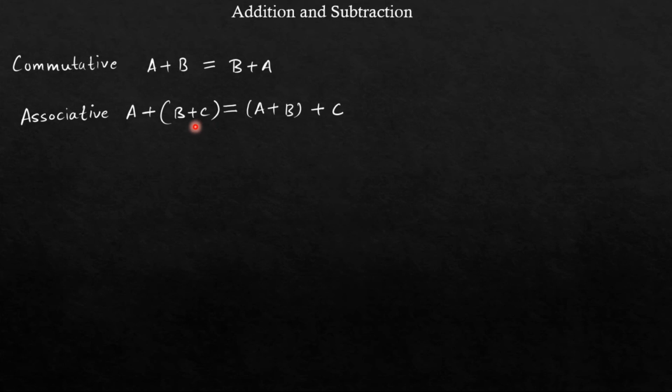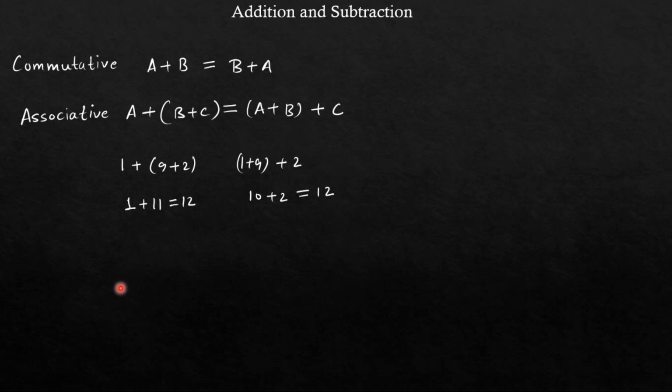What I mean to say is, if you add B plus C first, then add A, you will get the same result if you add A plus B first, then add C. Like in a scalar, 1 plus 9 plus 2: 9 plus 2 is 11, so 1 plus 11 is 12, which is equal to 1 plus 9 plus 2: 1 plus 9 is 10, and plus 2. So we get the same result.